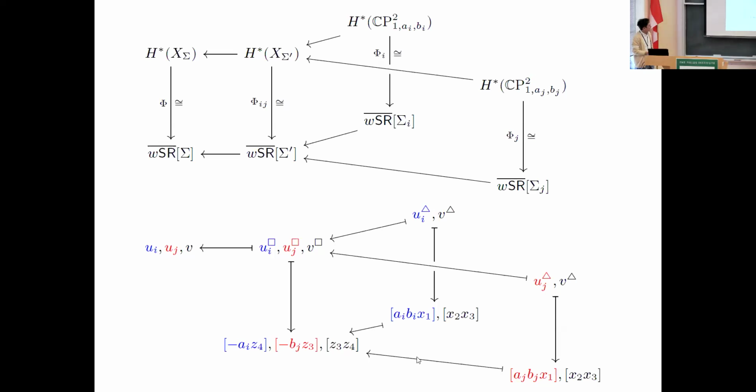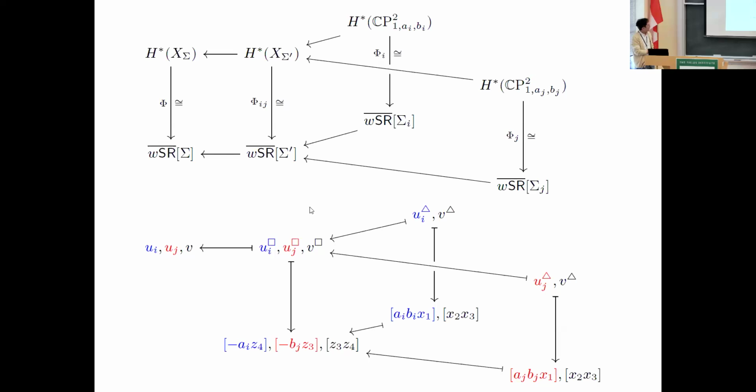It goes to this element and this element in the weighted Stanley-Reisner ring, and these two, blue and red, give me the two degree 2 generators in the intermediate object.